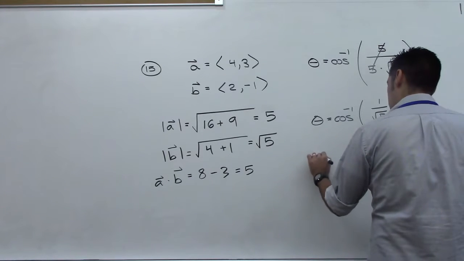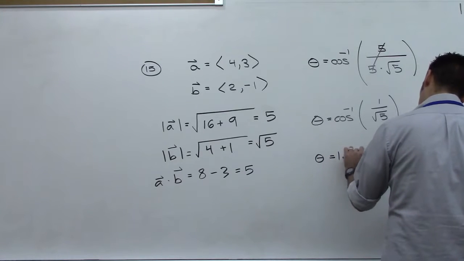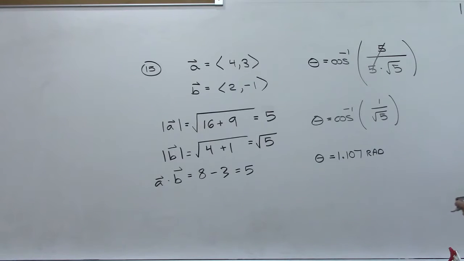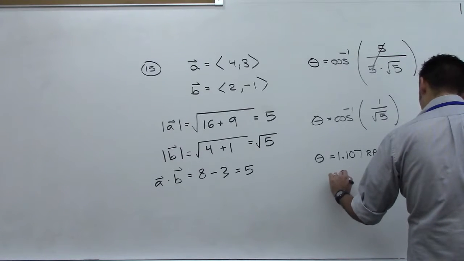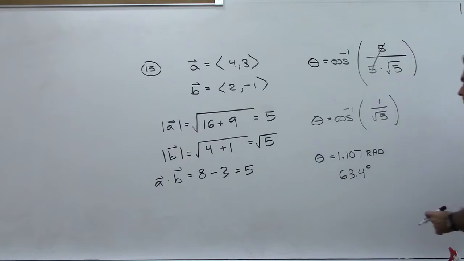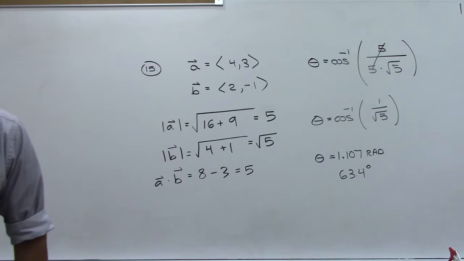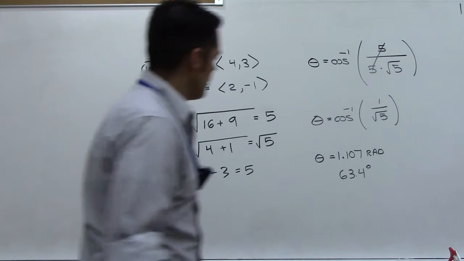I'm getting theta is, and I'm in radians here, 1.107 radians, which if we convert that to degrees, we multiply by 180, we divide by pi, and we should get 63.4 degrees. All right. That's it.